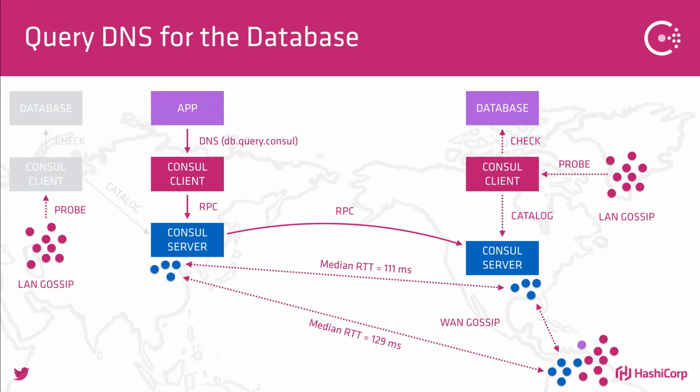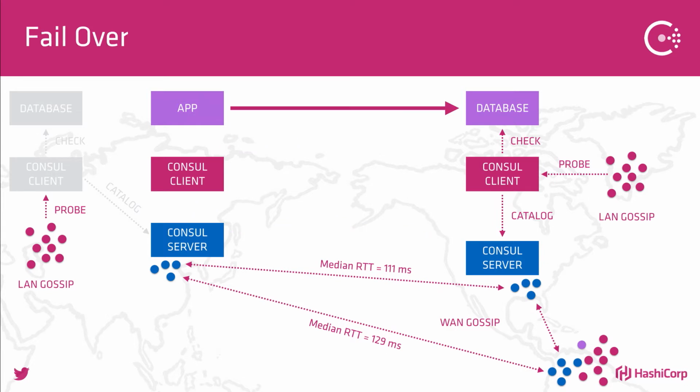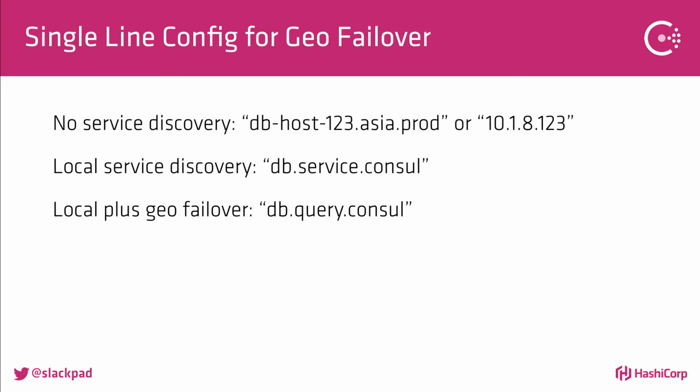The other one is 129, so it's going to pick the next nearest one, send an RPC over there, and say, do you have a database that's healthy? It will return the IP of that instance, and the app's going to connect to that and keep chugging along. So we basically made a series of single line configuration changes to our app and got to geo failover.